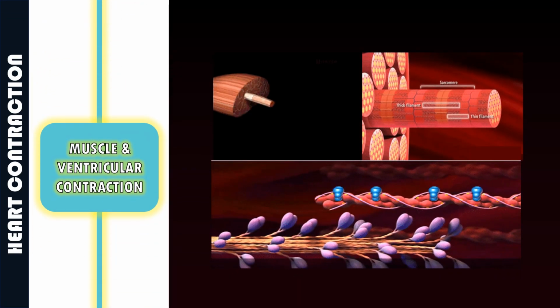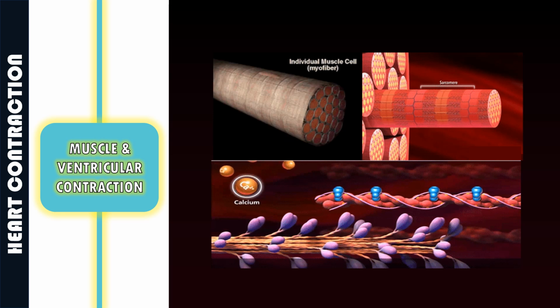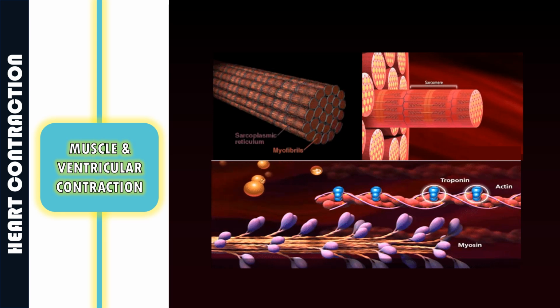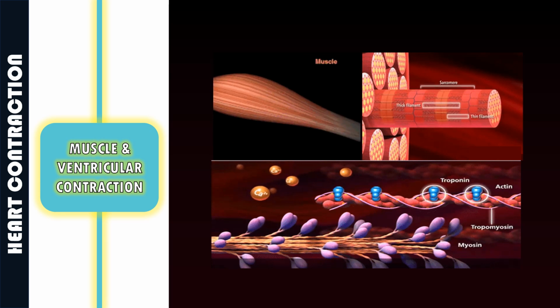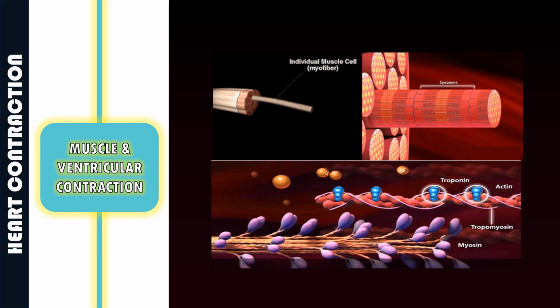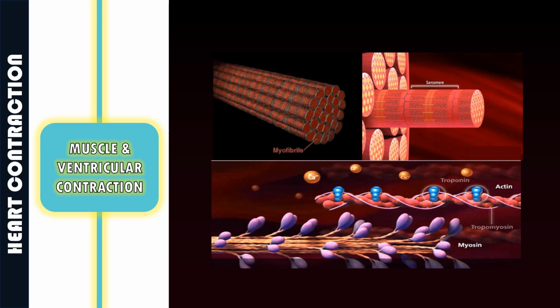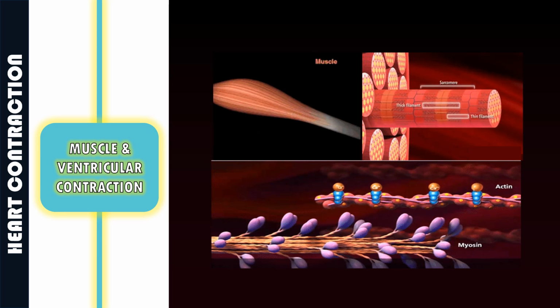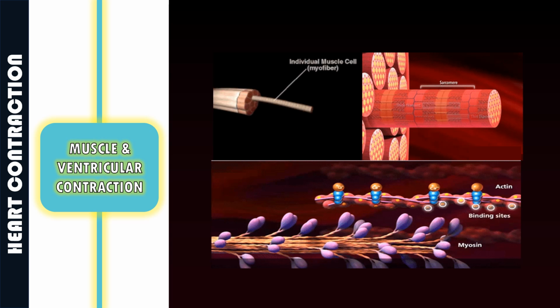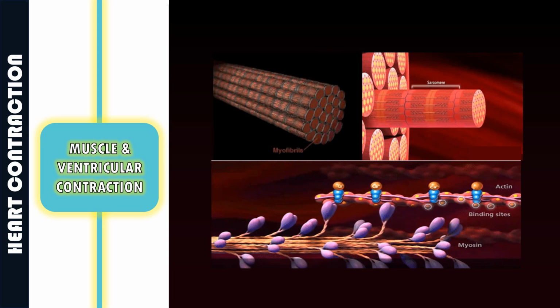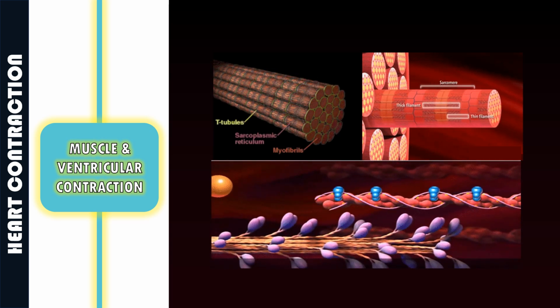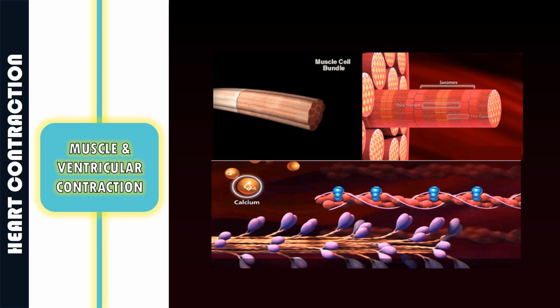The calcium release triggers a synchronized contraction of ventricular muscle cells. Calcium binds to troponin, exposing the actin-myosin binding site, and myosin heads bind to actin, generating force through a power stroke. As multiple sarcomeres contract, the ventricular chamber decreases in volume, and pressure increases, propelling blood out of the heart.